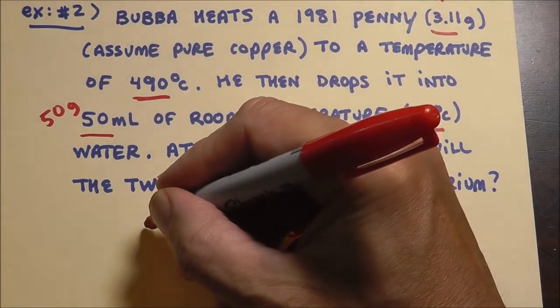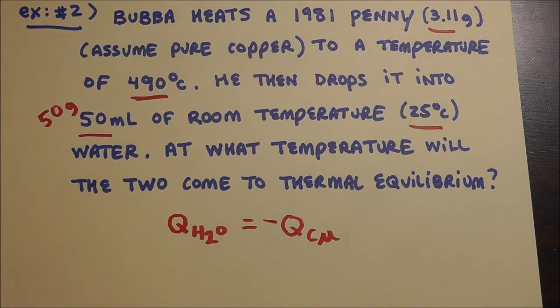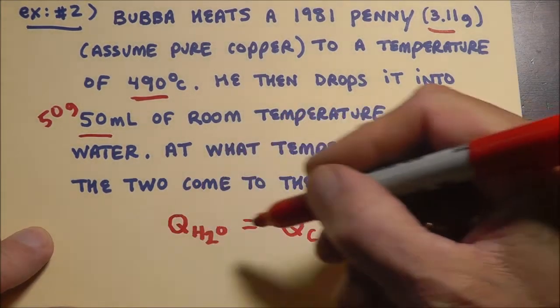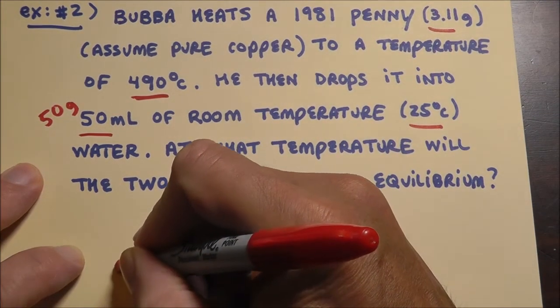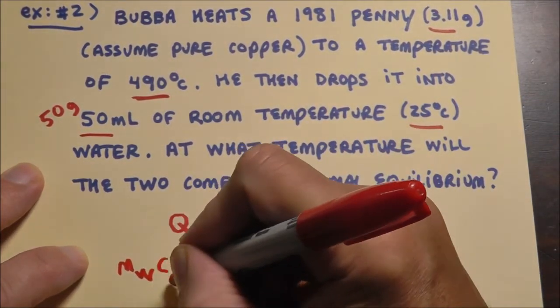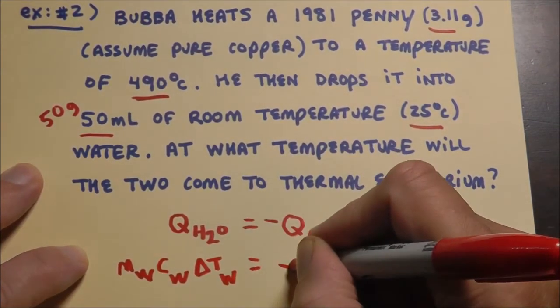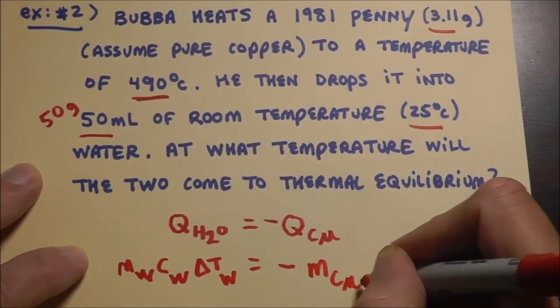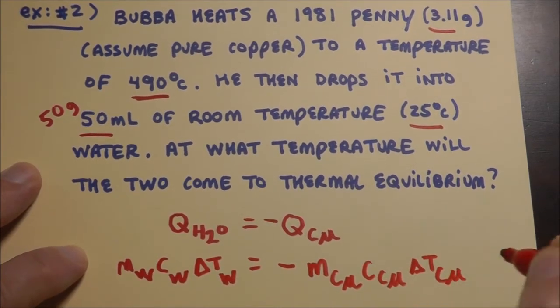Whereas negative signs didn't matter in the last example, it does here. But I promise you it doesn't matter as long as it's in one place, because if you're the copper, you're losing Q. If you're the water, you're gaining Q, so that's a different direction. And what we could say is, if I abbreviate water as W, M water, C water, delta T water equals minus M copper, C copper, delta T copper.